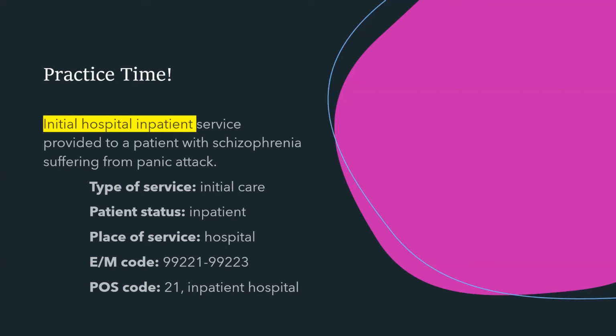The place of service code is 21. The place of service codes for professional claims is at the front of your CPT code book, and you would select 21 for inpatient hospital, and that would go on your claim form.